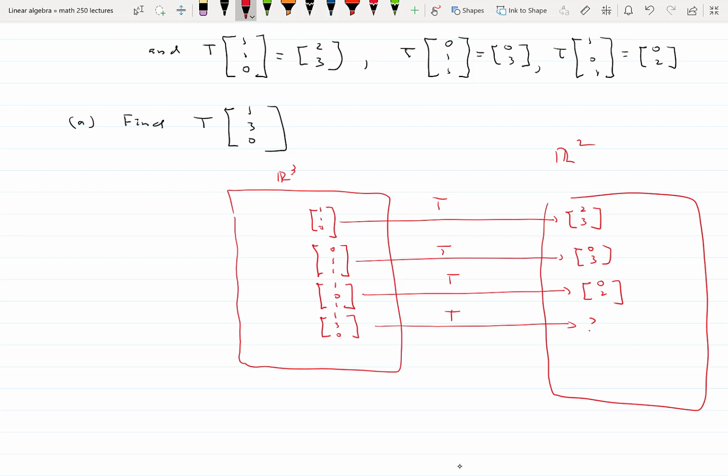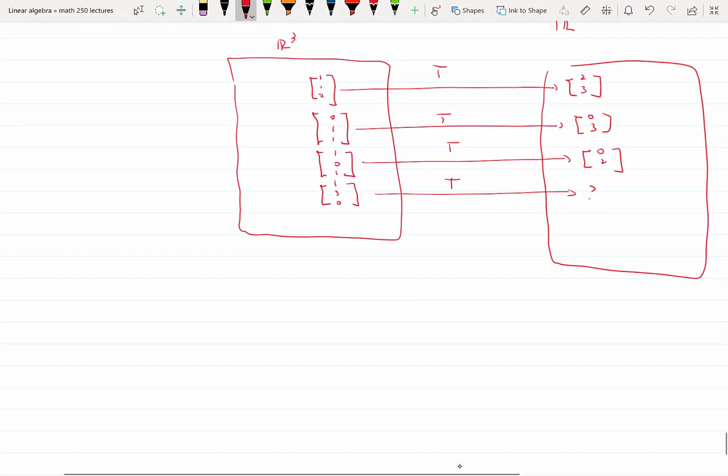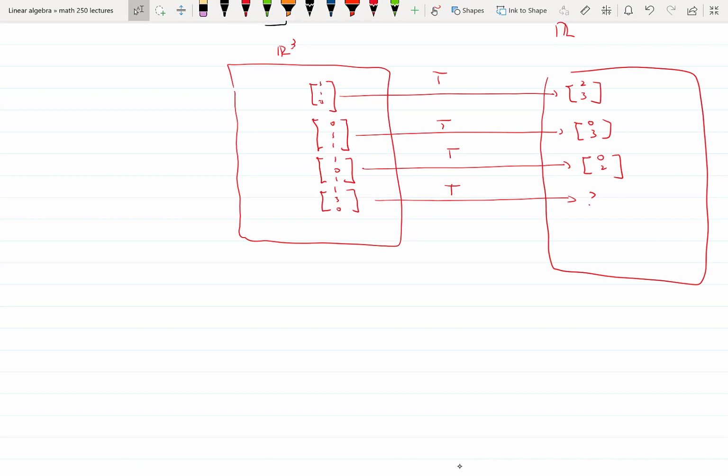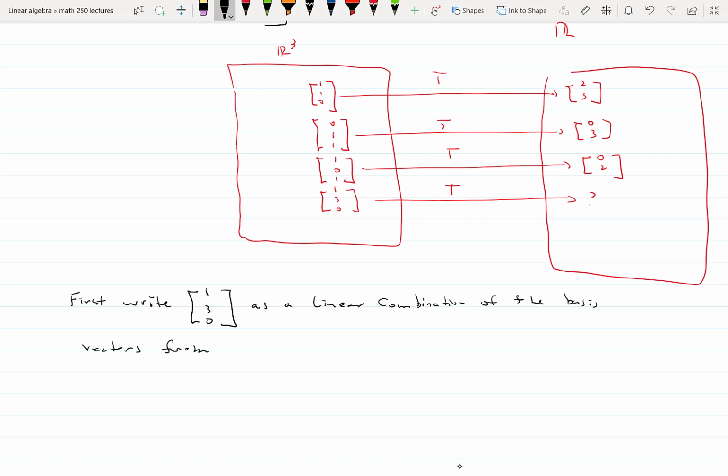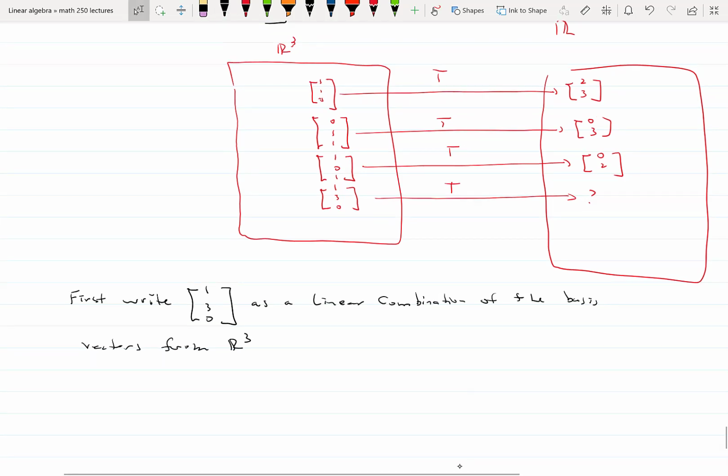The first thing we want to do is take the vector from R3, that (1, 3, 0) that we're interested in, and write it as a linear combination of the three basis vectors from R3, the ones that are given, not the standard basis vectors.